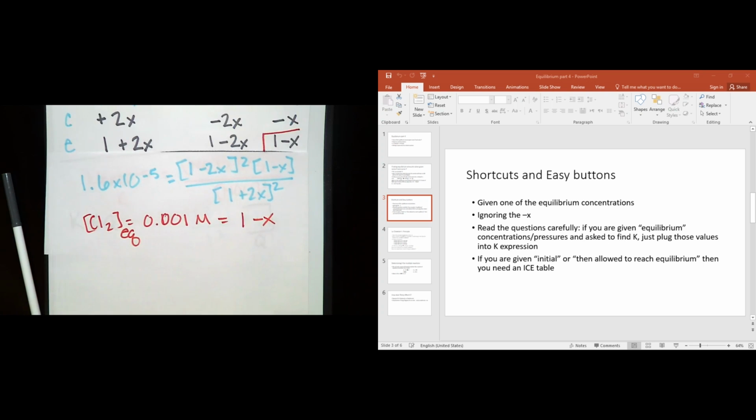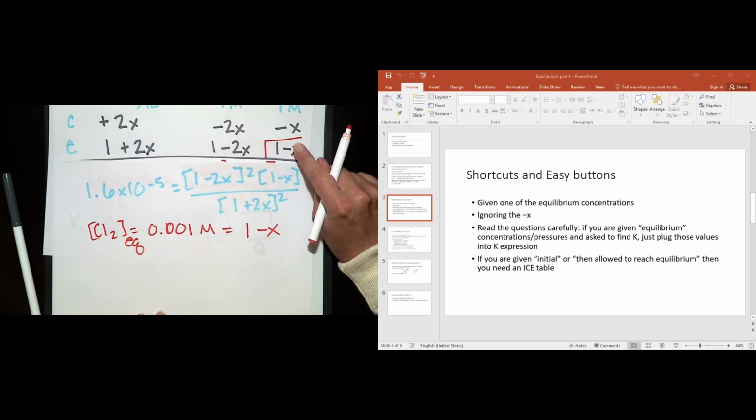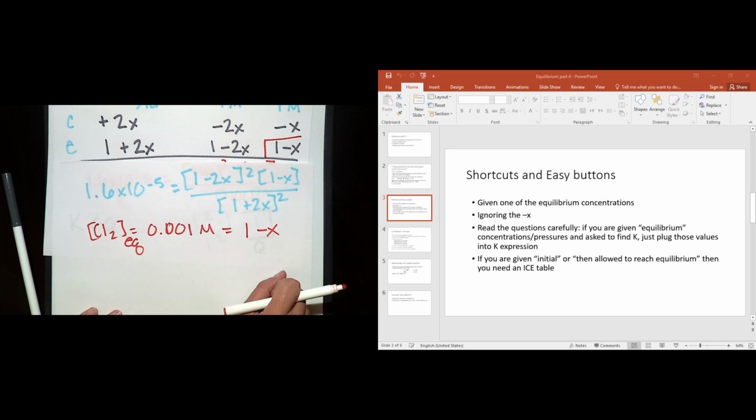So if I'm told the equilibrium concentration of chlorine is 0.001 molar, I can set that equal to what I had set up for chlorine at equilibrium as an algebra expression. So I can set it equal to 1 minus x.